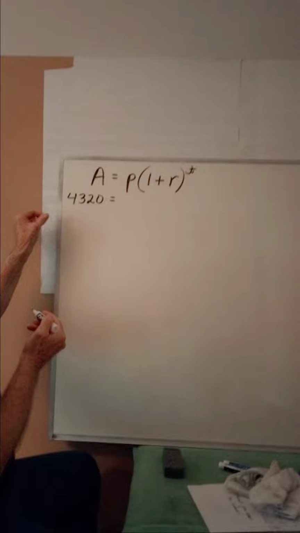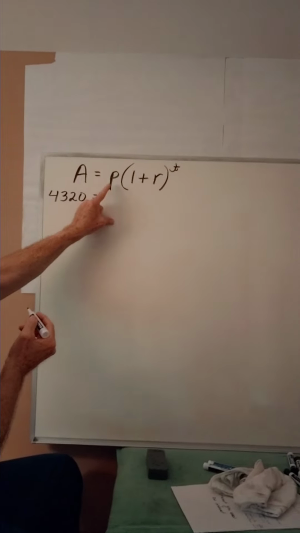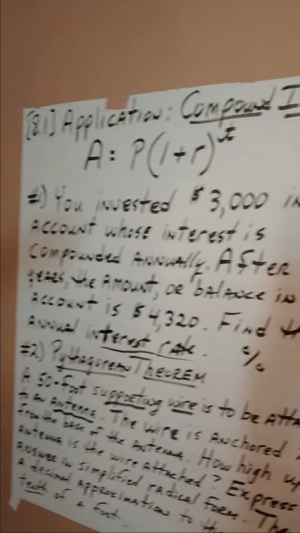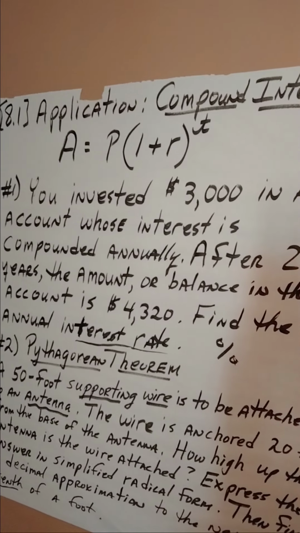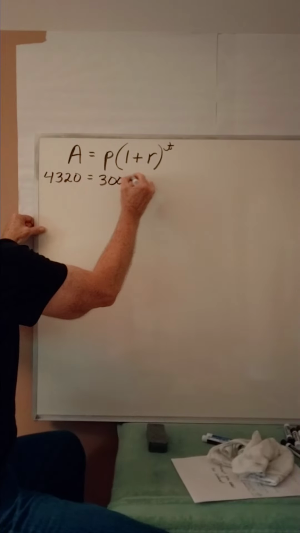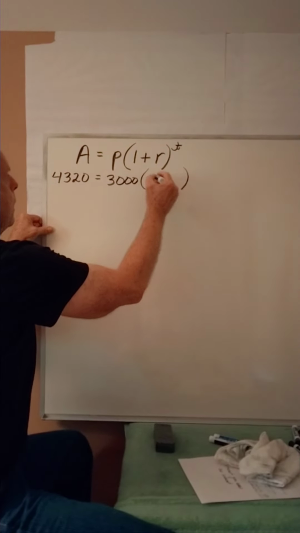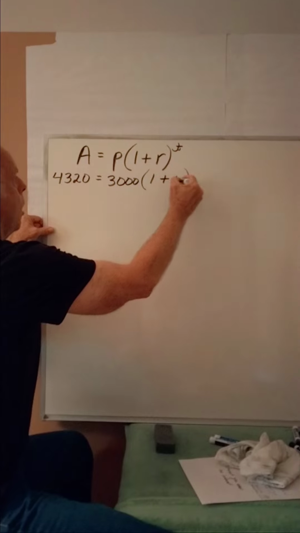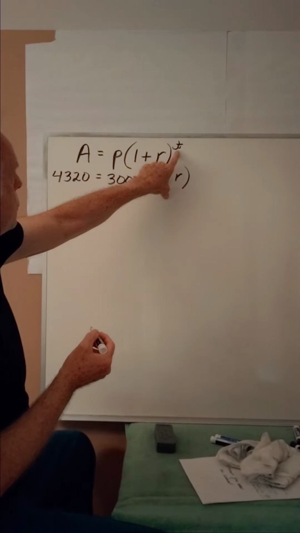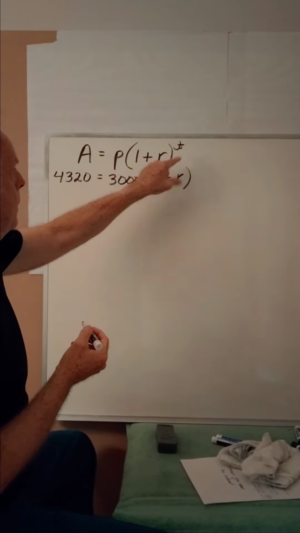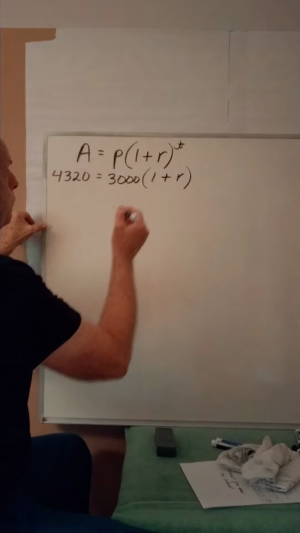And that's going to be equal to the principal, the original amount of the investment, and that original amount of that investment was 3,000. So the 3,000 goes here, times the quantity of 1 plus R to the time element. And the time element is that it's held in the account for 2 years.